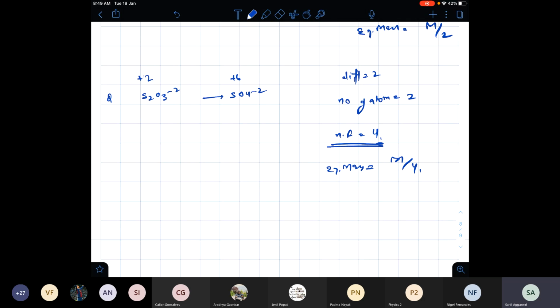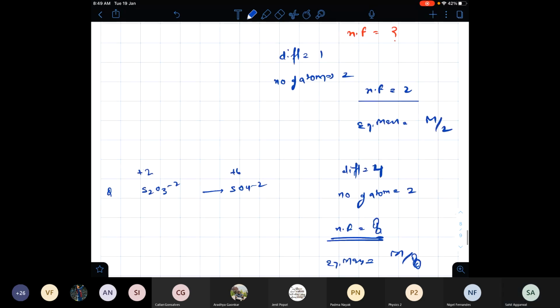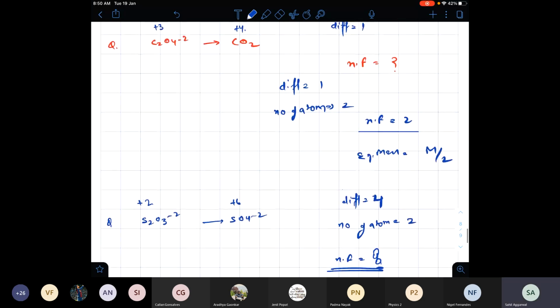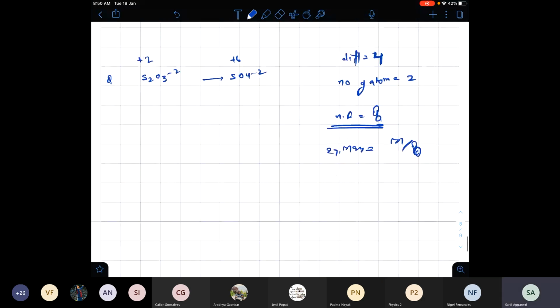Difference is 4, this will be 8. Any doubt till here? No, sir.